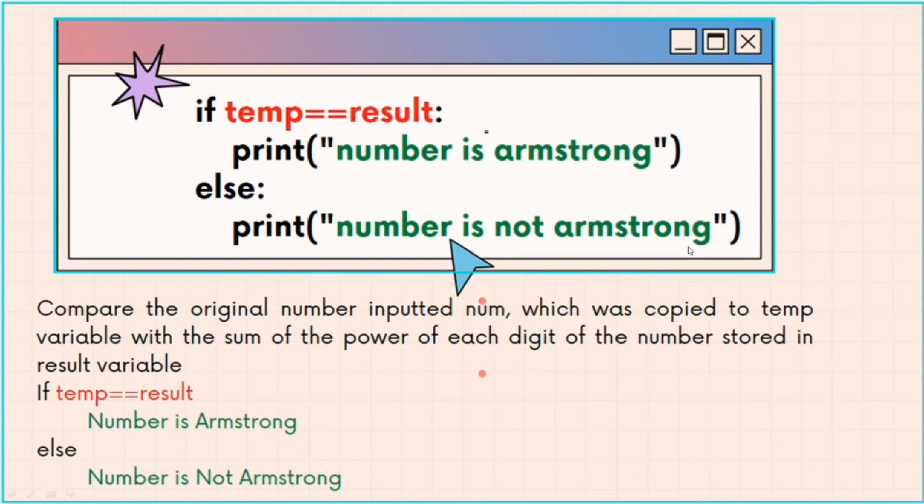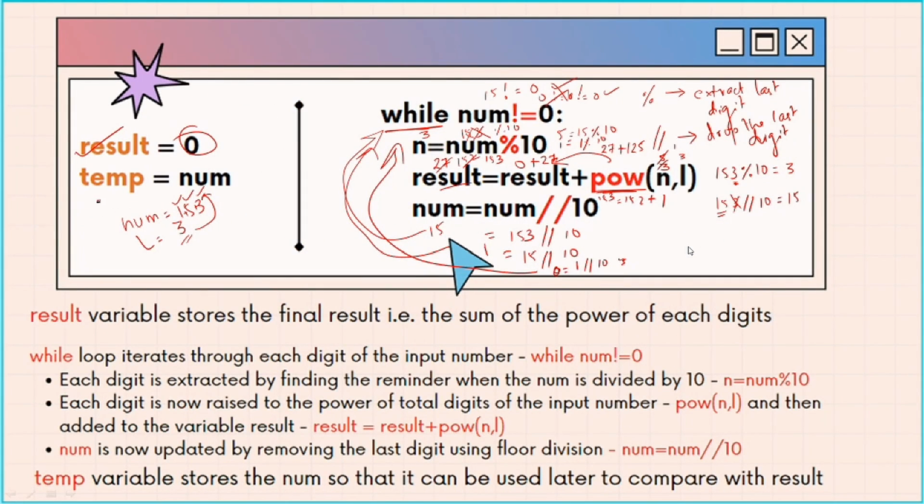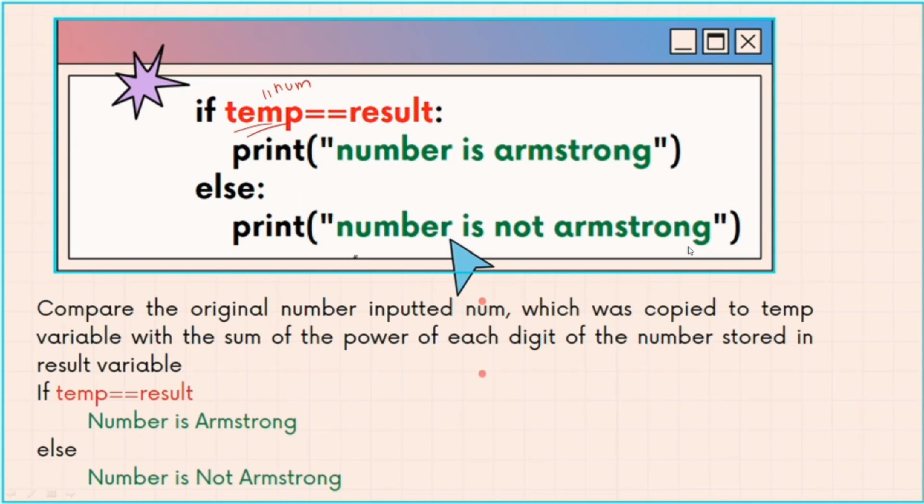Now moving to the next step, we see the temp. We have initialized temp equals num in the previous slide, because we saw num has got updated, and currently num equals 0. So we cannot use this variable. So we had kept whatever the user had given as input in the temp variable before we manipulated the num variable.